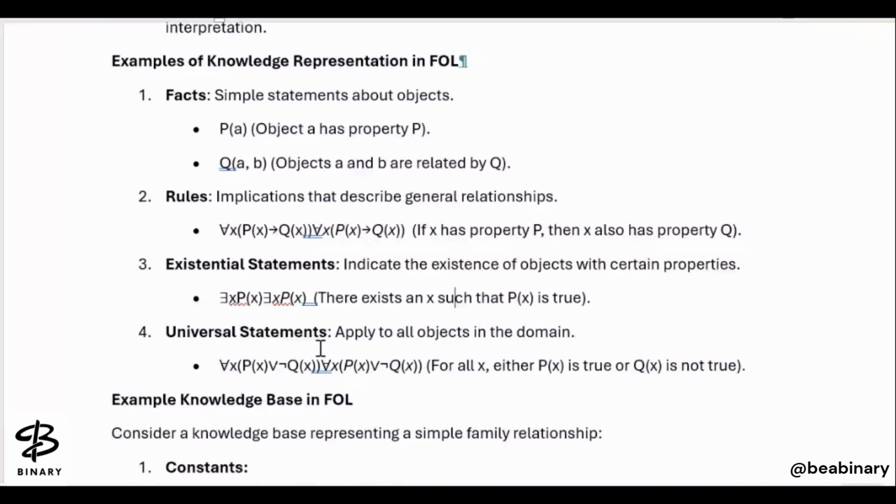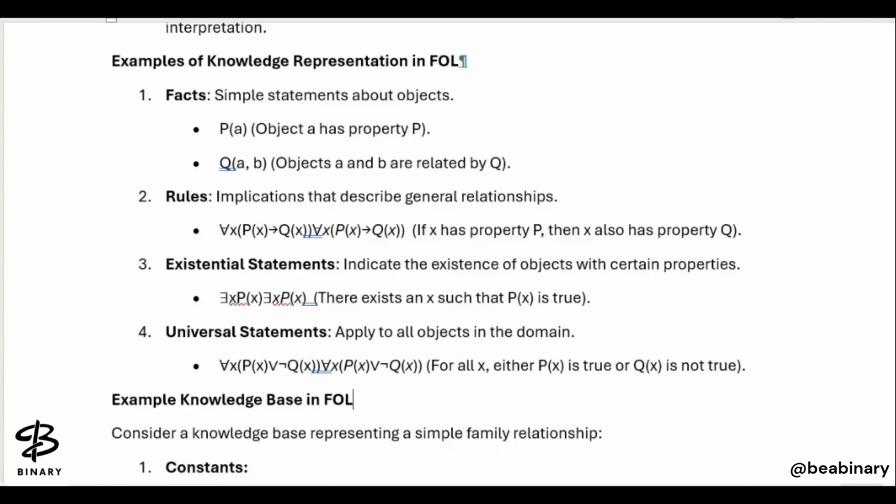So simply, for all X, either P(X) is true or Q(X) is not true, because we are using an or statement. Simply, we are talking about how to read the predicate statements here.